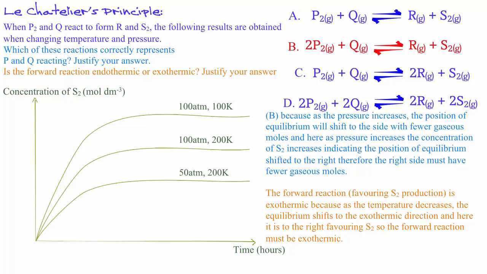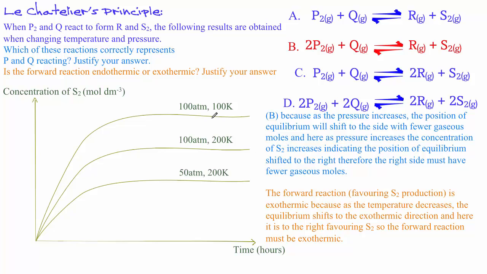Now, it also asked, is the forward reaction endothermic or exothermic? Justify your answer. Now, if we compare these two curves, the top one and the middle one, pressure stayed the same, temperature decreased, and as the temperature decreased, the forward reaction must have been exothermic because a decrease in temperature would have meant the equilibrium shifts in the exothermic direction.